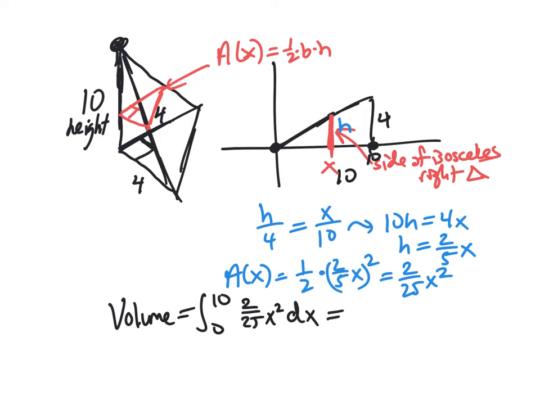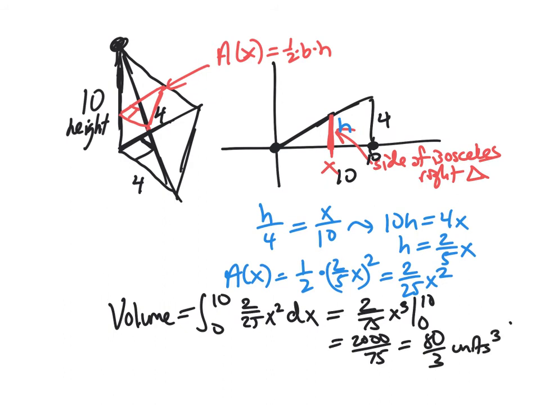And so when you actually do this out, you're going to get 2/75 x cubed from 0 to 10. And so you get 2000/75 or 80/3, whatever units cubed, right, because it's volume.